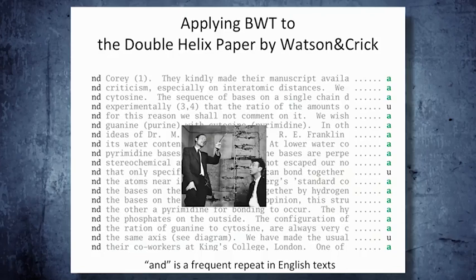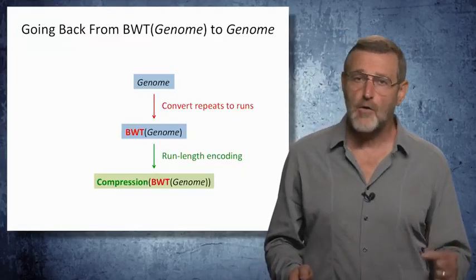Let's convert text into something else so that our repeats will be converted into runs. We'll start from the genome, then we'll turn it into a converted genome, and then we will apply run-length encoding to the converted genome, because our hope is that the converted genome will have many runs. Let me show how we can accomplish this.